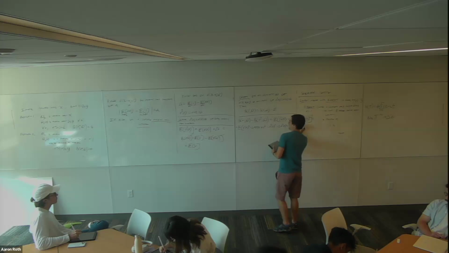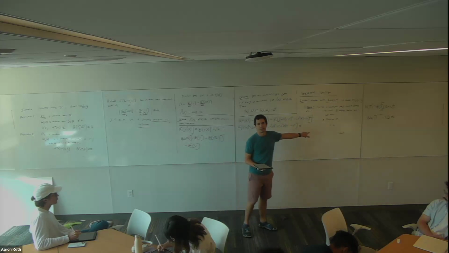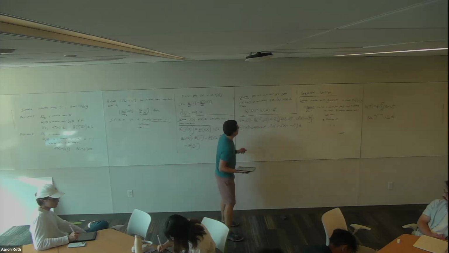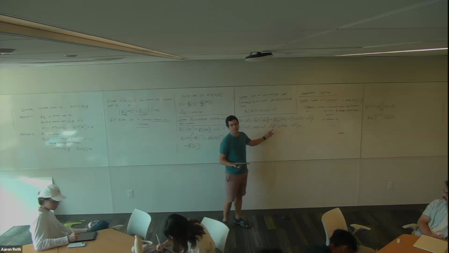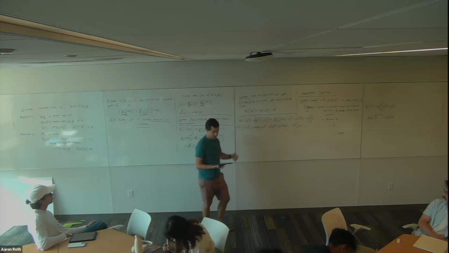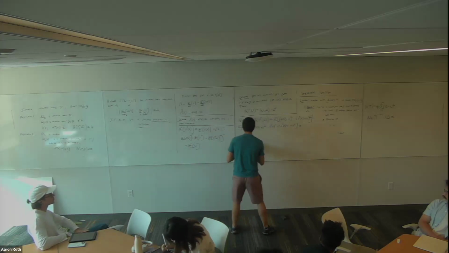Now already we're starting to get some cancellations. The y squared here cancels with the y squared there. So let's take care of those cancellations, and then start expanding out other terms. We know what f hat is: f hat is just f of x plus delta. Okay, so getting rid of those y squared terms.